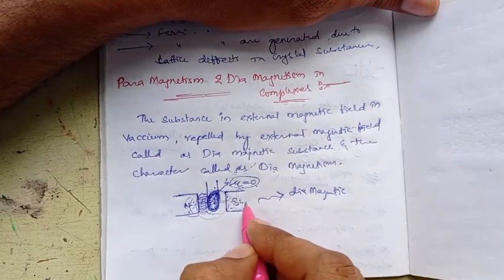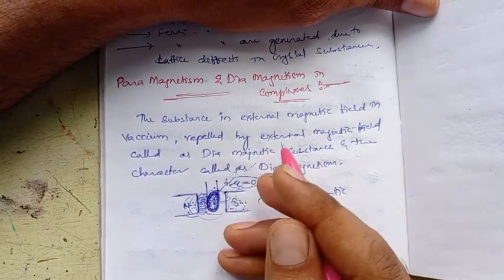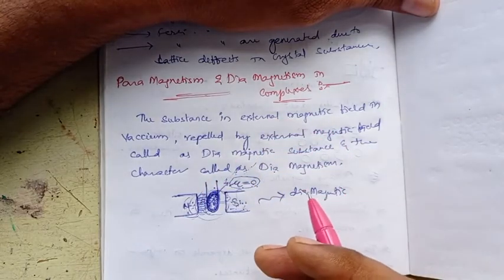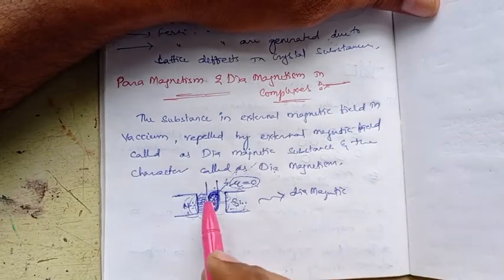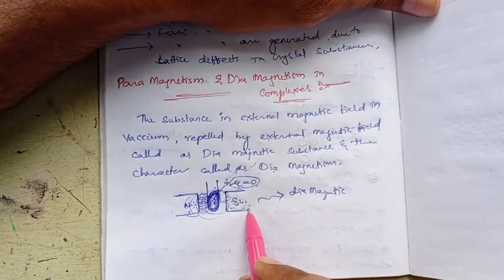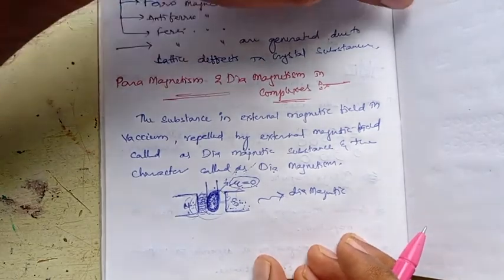That's why diamagnetic substances are projected as being repelled by the external magnetic field, right?